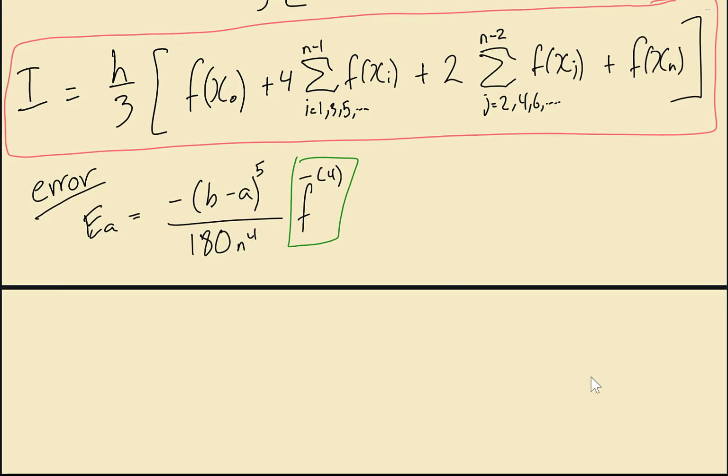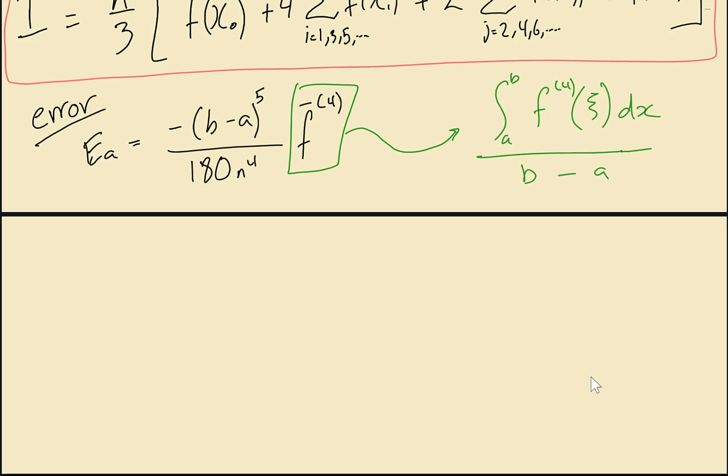I don't know if you remember, but this was equal to the integral from a to b of the fourth derivative at x divided by b minus a. In this case, I'll show you why this is the reason. So in fact, this is the average.